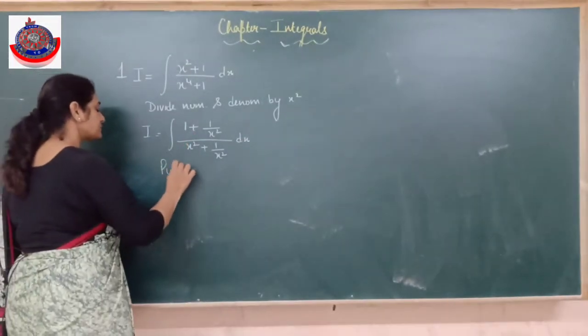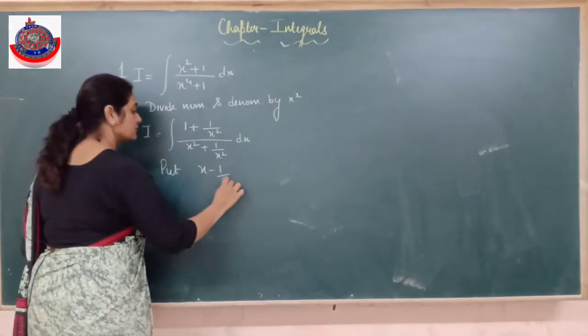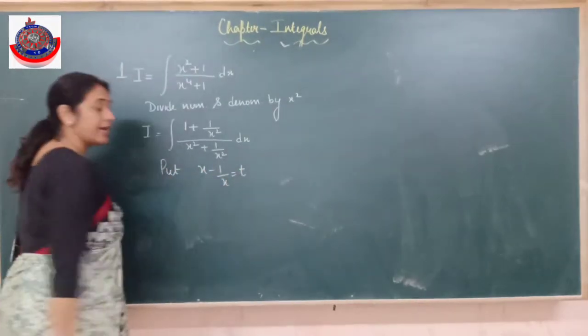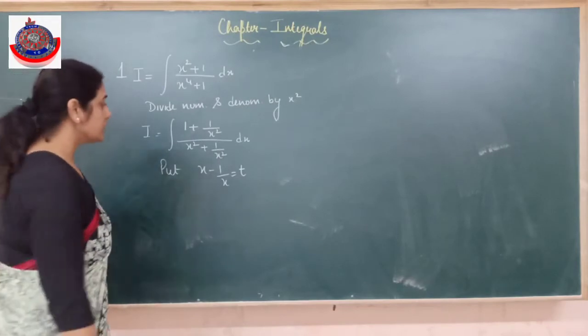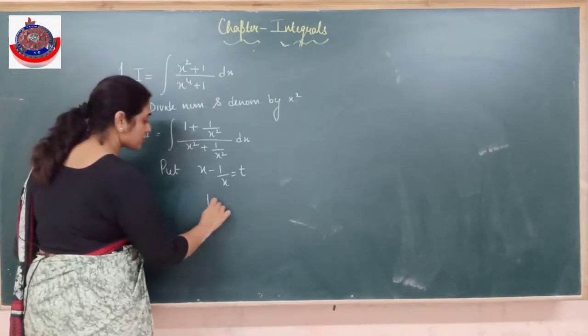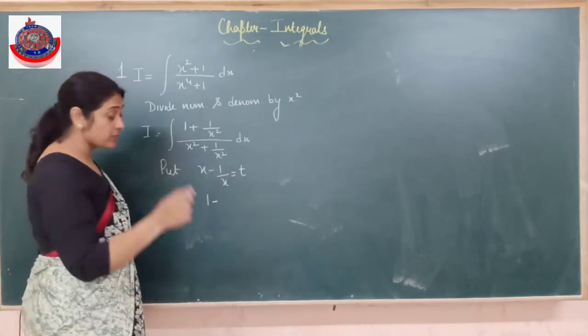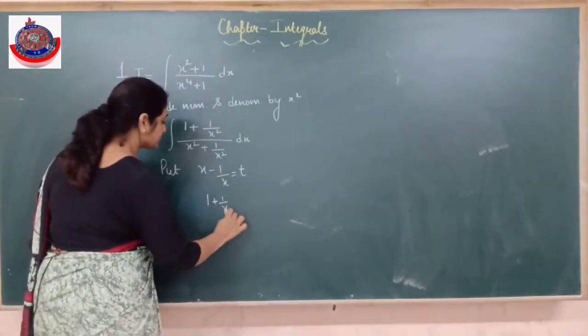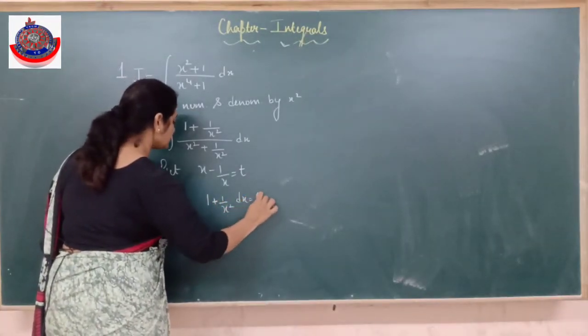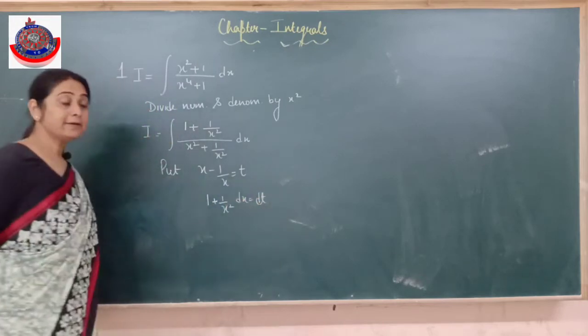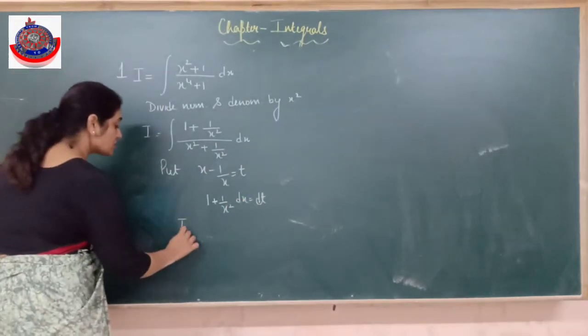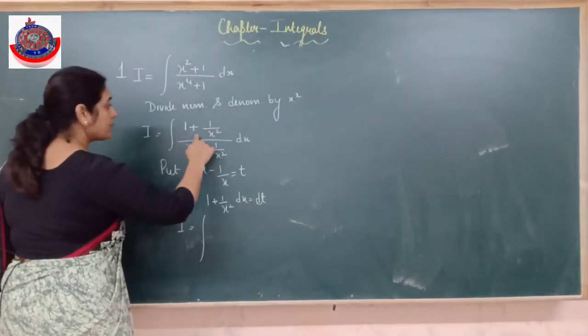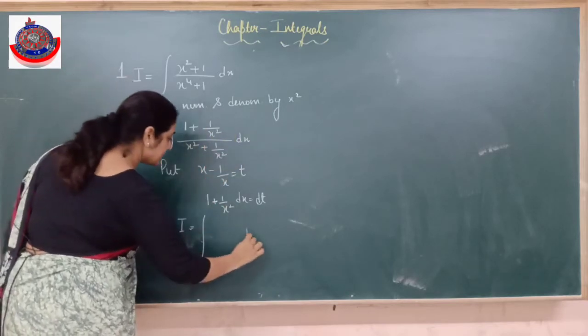So x minus 1 by x equals t. Differentiate: the differentiation of x is 1, and of 1 by x is minus 1 by x square. So I have got 1 plus 1 by x square dx is dt.